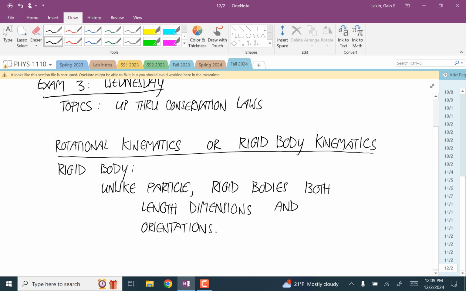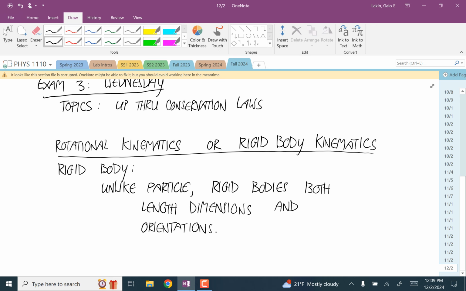So a particle, like if we treat this stapler as a particle, we can't really say is it facing like this or facing like this? Everything happens just at a single location, so that doesn't come into the calculations at all.